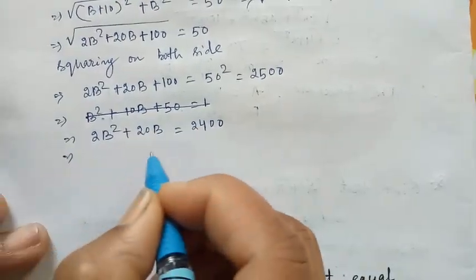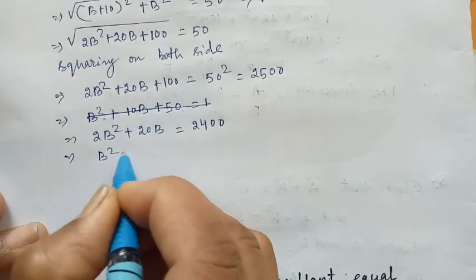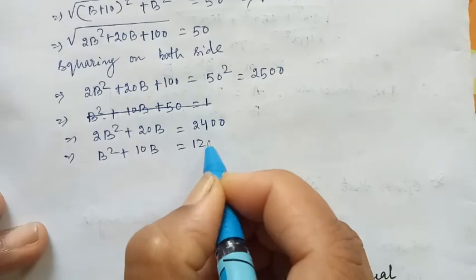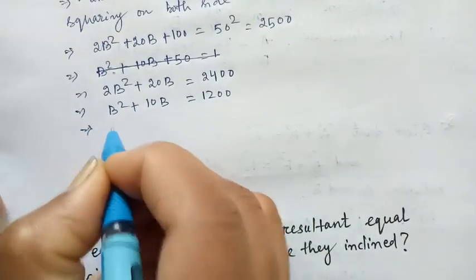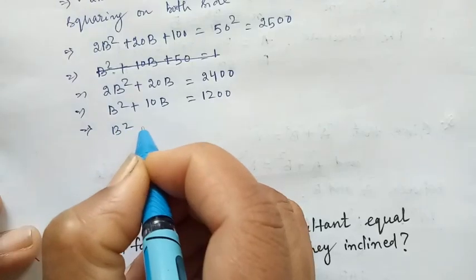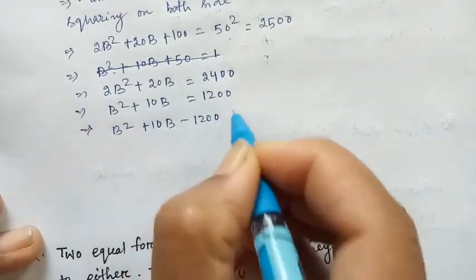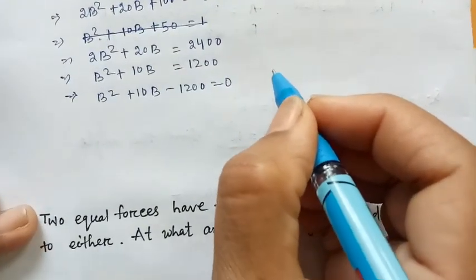That means B square plus 10B, divided by 2, implies B square plus 10B minus 1200 is equal to 0. Now solve this quadratic equation.